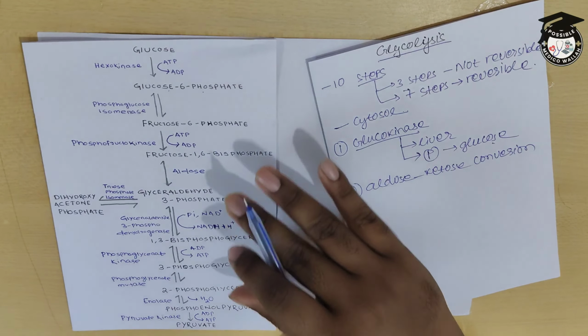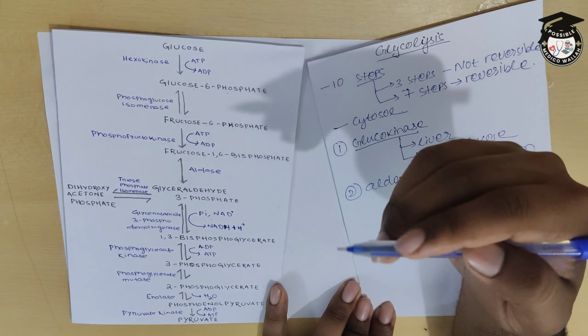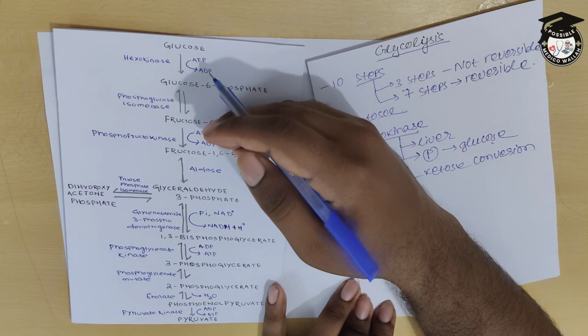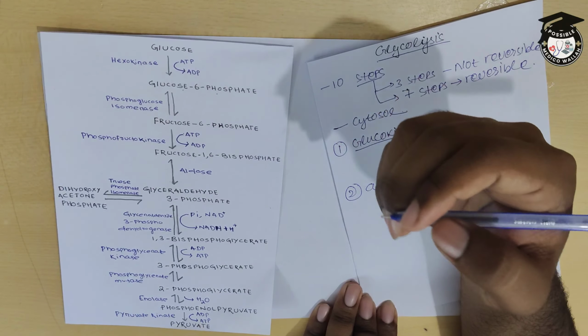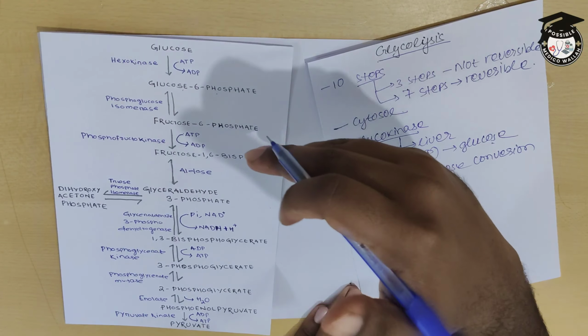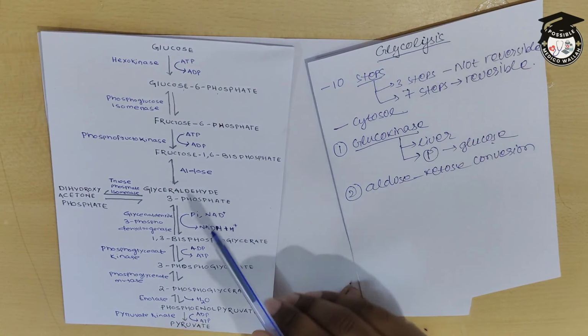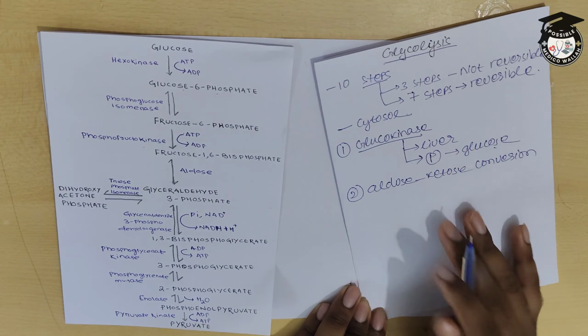In the third step, fructose 6-phosphate is converted to fructose 1,6-bisphosphate. In this, ATP loses one Pi group, that is the phosphate group, and it is added to fructose 6-phosphate. This is done by phosphofructokinase, and it is an allosteric enzyme.